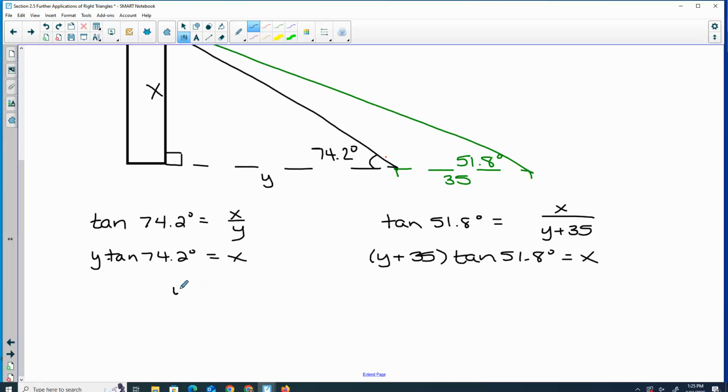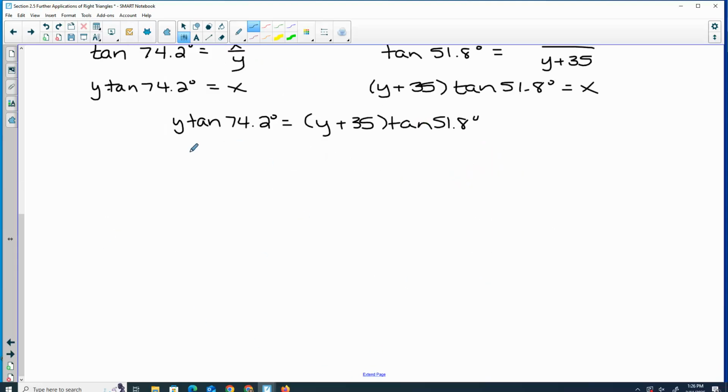So we can say y tangent 74.2 equals y plus 35 tangent 51.8 degrees. And we do have to distribute. Y tangent 51.8 plus 35 tangent 51.8 degrees. Now what?